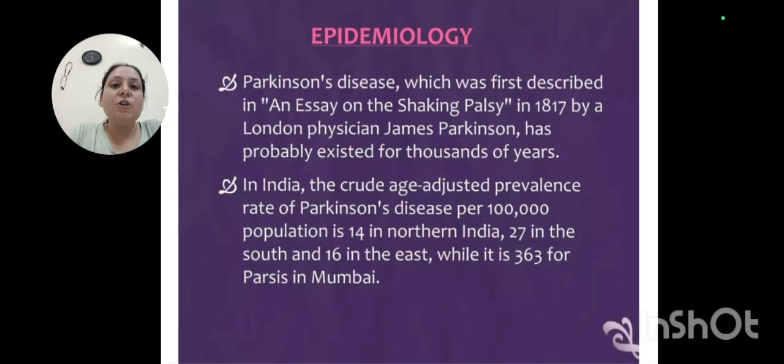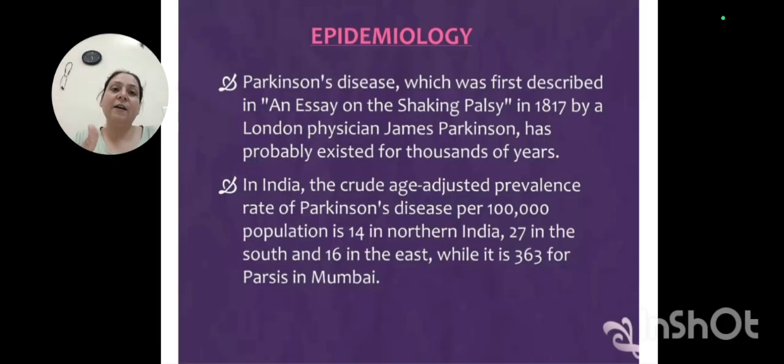Now epidemiology. Epidemiology is basically a branch in medical science which deals with how the disease is present in a typical community or typical area. The study of the disease, how the disease came and how it is progressing in a particular area or a particular community is called epidemiology.